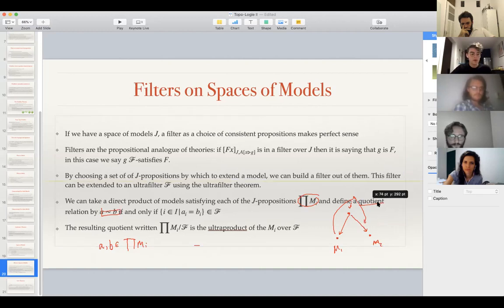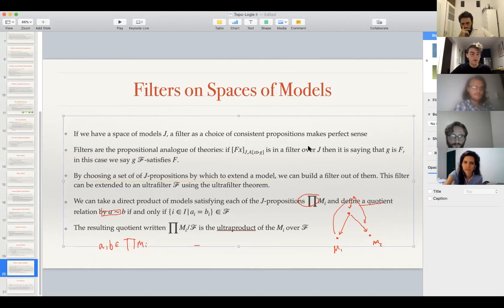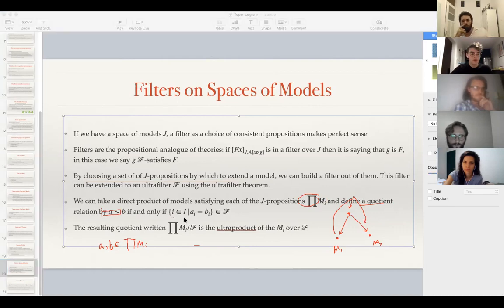So it's finding a way to say which elements of this product are equivalent. If the list of indices where they have equality is in the filter, then the filter basically identifies these two; they're equal according to the filter.